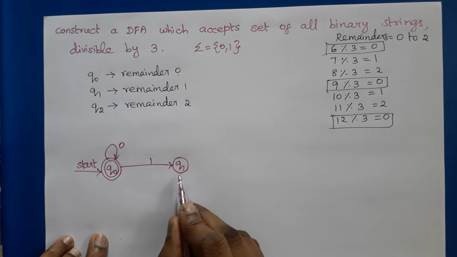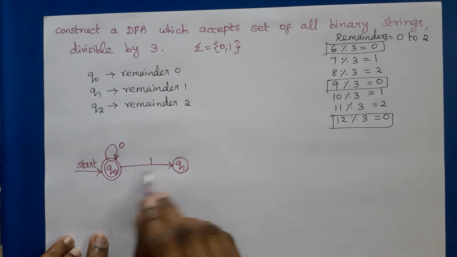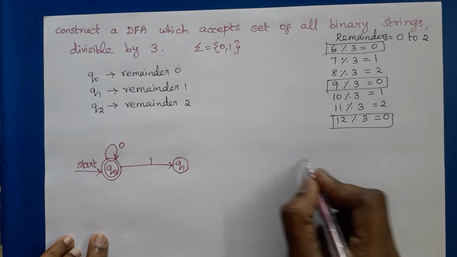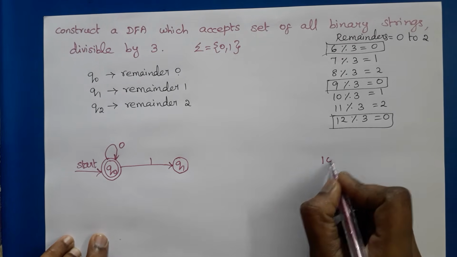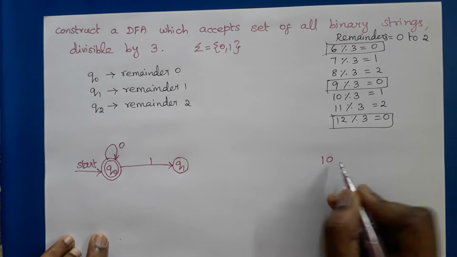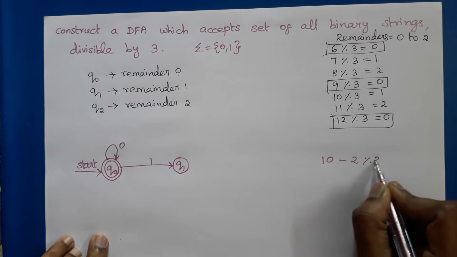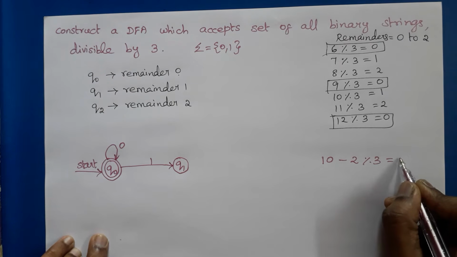Now we have to consider the current state Q1. We can reach state Q1 after reading 1 only. After reading 1, assume that the next input is 0. The decimal equivalent for 10 is 2. When we perform the mod operation for this 2, we will get the remainder 2.